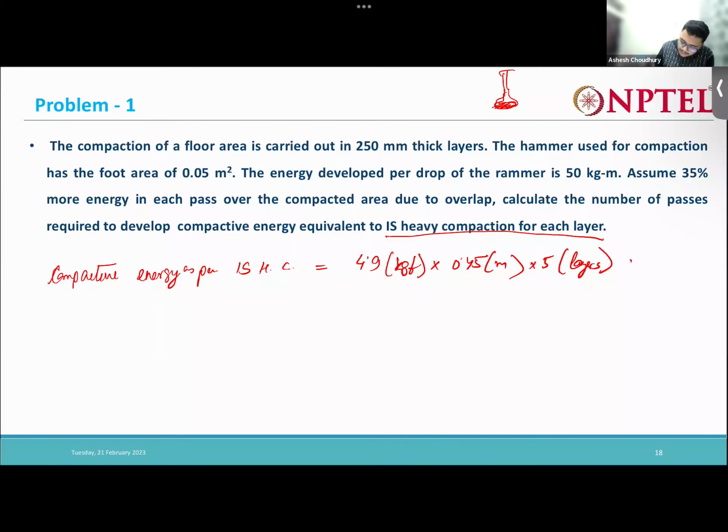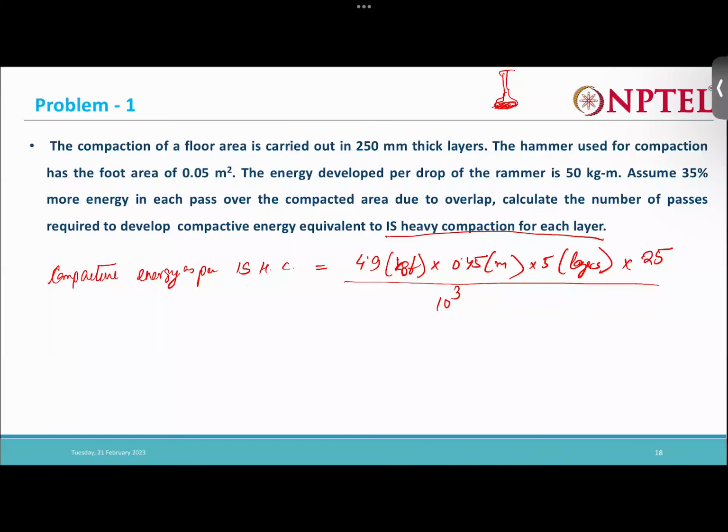How many blows do we give per layer in the compaction test? 25 blows, correct. So 25 blows divided by the volume of the mold, which is 1000 cc for IS compaction. If you remember, for the modified Proctor test it was 944 cc. But for the Indian Standard heavy compaction, it's 1000 cc.